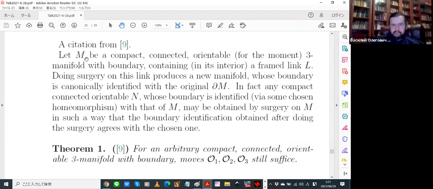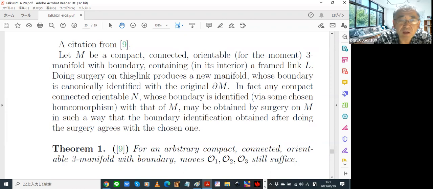Let M be a compact oriented, I cite from Robert's paper, connected orientable three-manifold with boundary containing a framed link. Doing surgery on this link produces a new manifold whose boundary is canonically identified with the original boundary of M. Strictly speaking, we fix the homeomorphism map of the boundary.